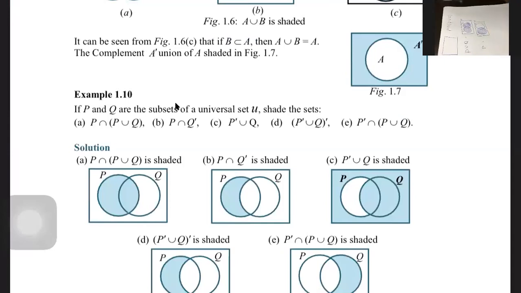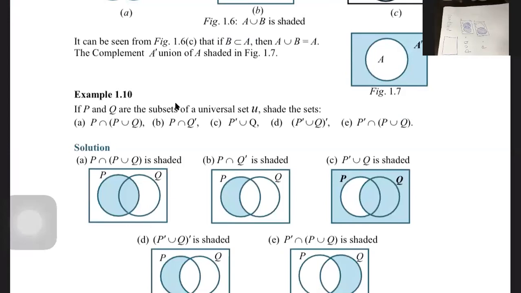So when you draw them like this, it becomes very, very easy for you to understand. Because this part is P and this part is P union Q. Now you're looking for the intersection. So this whole part and this whole part, which part belongs to both this and that part?